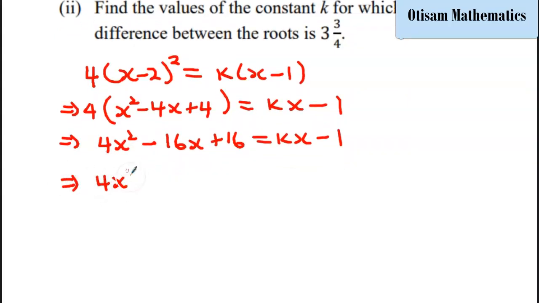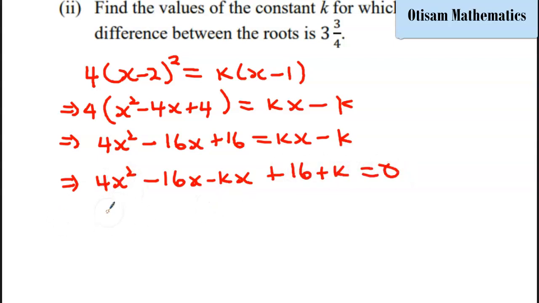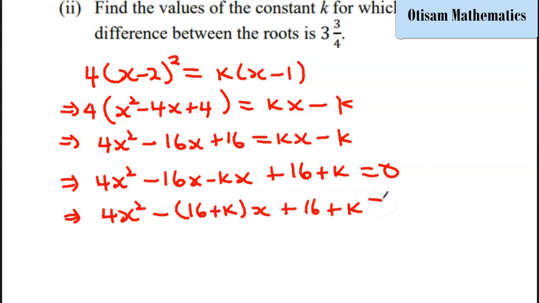So 4x squared minus 16x minus kx plus 16 plus k is equal to 0. So 4x squared minus (16 plus k)x plus (16 plus k) is equal to 0.